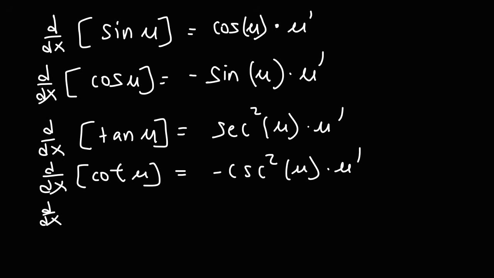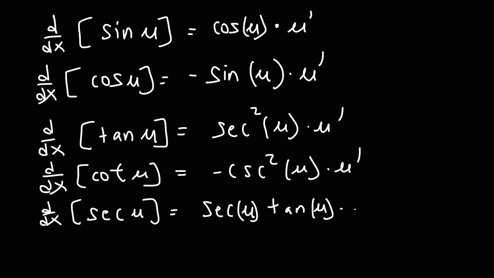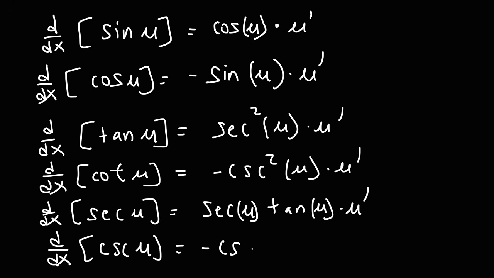The derivative of secant is secant tangent times u prime. So hopefully you see a pattern here. And finally, the derivative of cosecant is going to be negative cosecant cotangent times u prime.